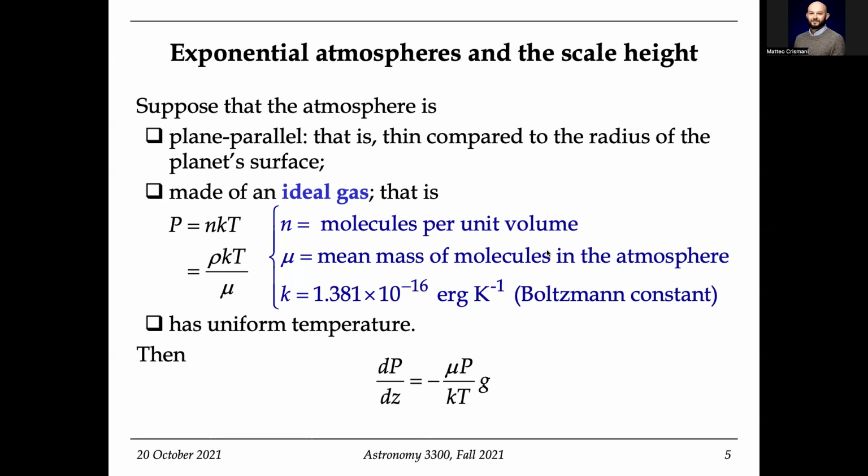So here's x, and here's f of x. I want to write e to the minus x. What does that look like? Start at x equals 0.